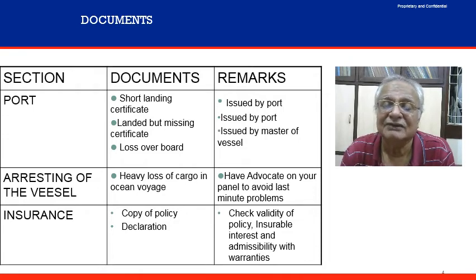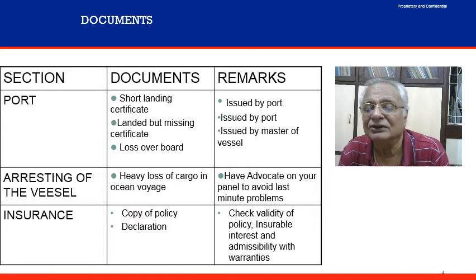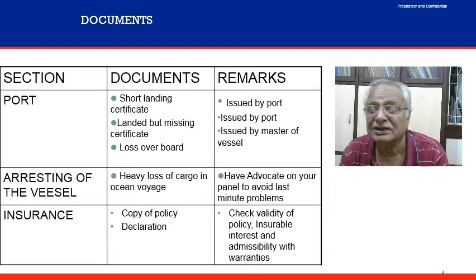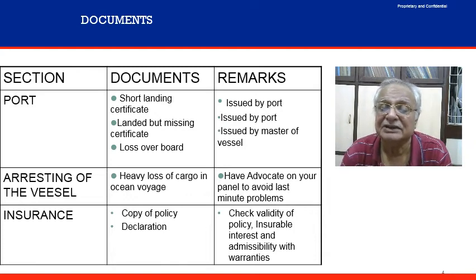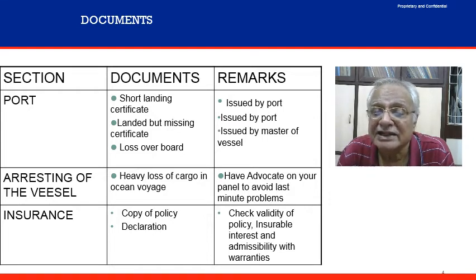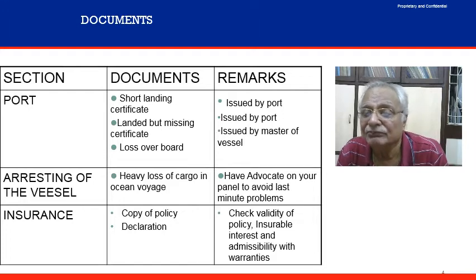This is the requirement; it is followed, maybe not that strictly, but it is followed. For a break bulk consignment, if the port takes the tally and finds a short landing of the cargo, they will issue a short landing certificate. So the short landing certificate is issued by the port.